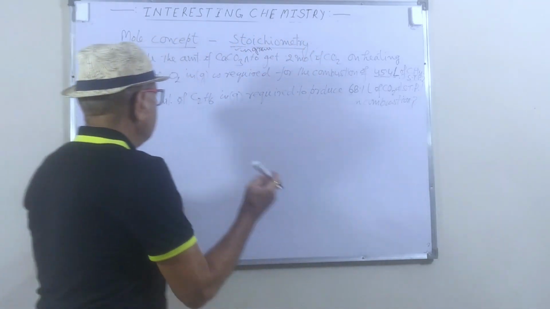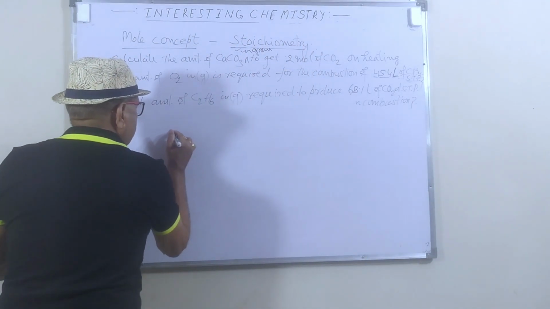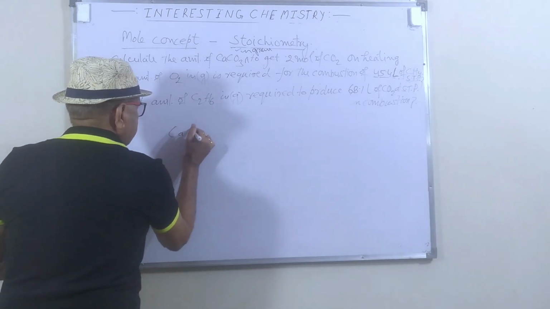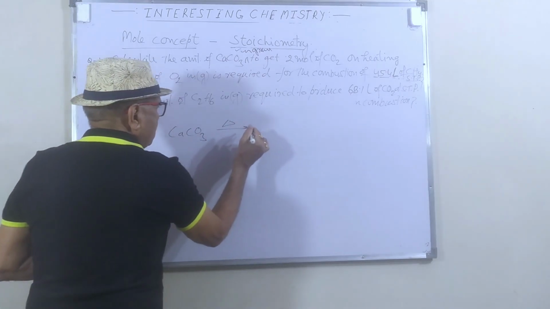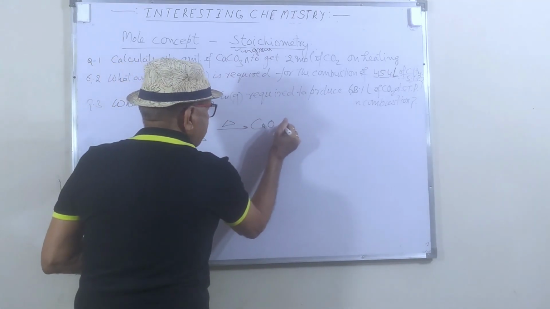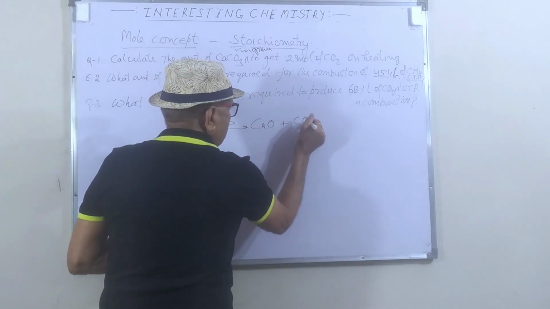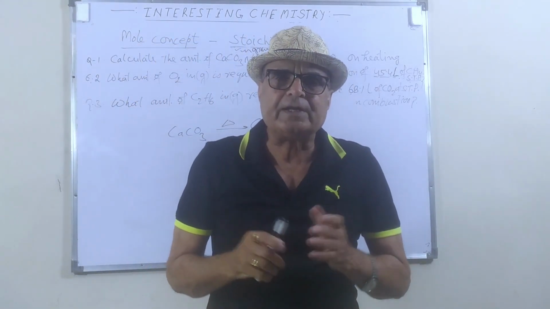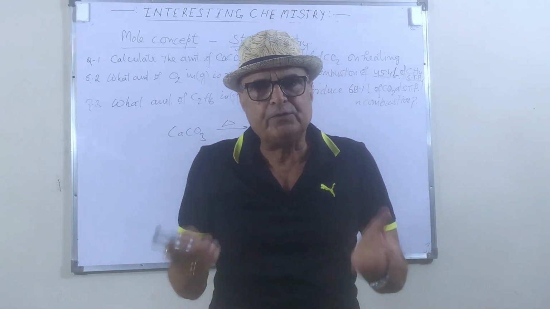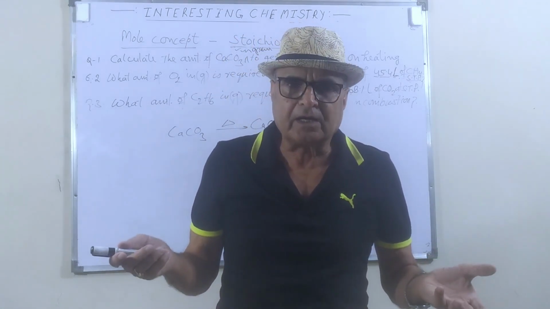When the calcium carbonate is heated, CaCO3 decomposes into CaO and CO2. It's a very popular equation. When limestone is heated, it gives lime and carbon dioxide.